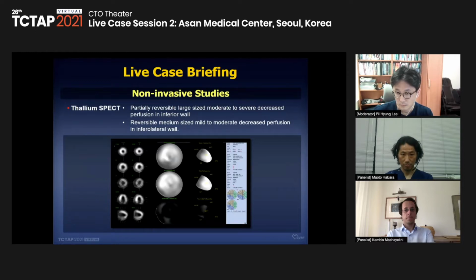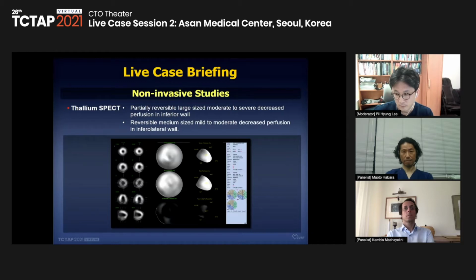We performed thallium SPECT, and there was a reversible inducible perfusion defect at the RCA territory. That means this patient has ischemia induced by the RCA-CTO, but we still think the myocardium is viable according to the ECG and the thallium SPECT result.